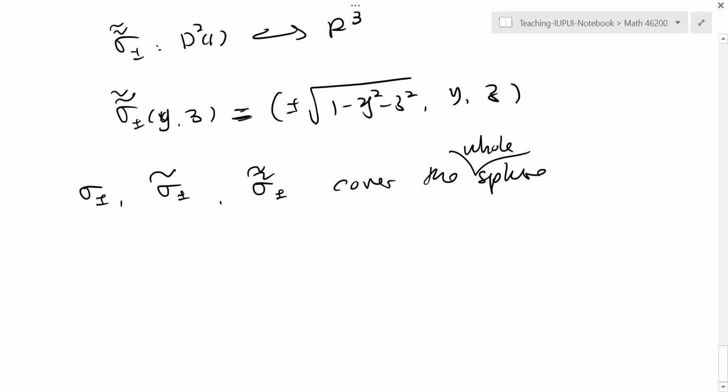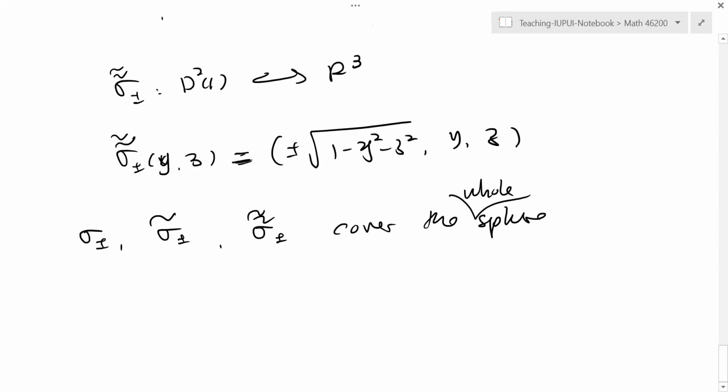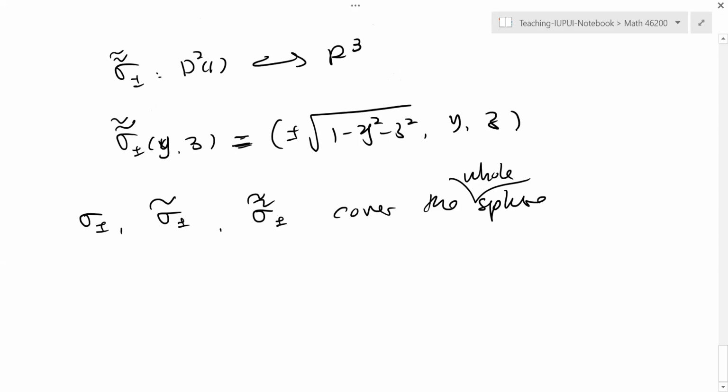So we get some ideas about this. The sphere cannot be the image of one single vector valued function with those 3 nice properties: one-to-one, regular, and linearly independent.